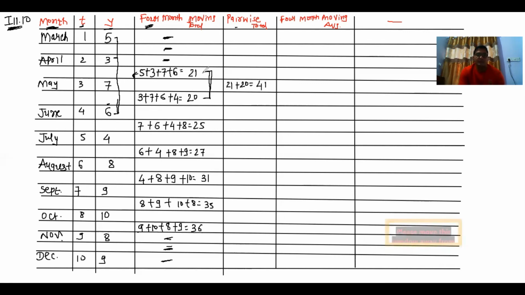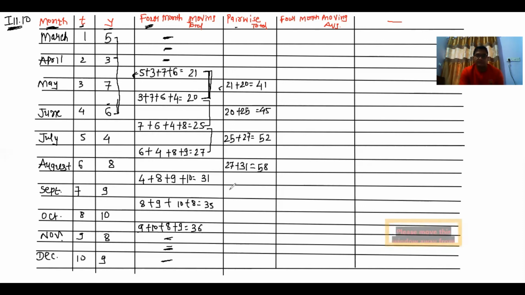Once again, we have to do the total of 21 and 20 and write it down between these two rows. Okay, in the same way, the total of these two. 20 plus 25. Answer is 45. Same way, 25 plus 27. Answer is 52. Then 27 plus 31.